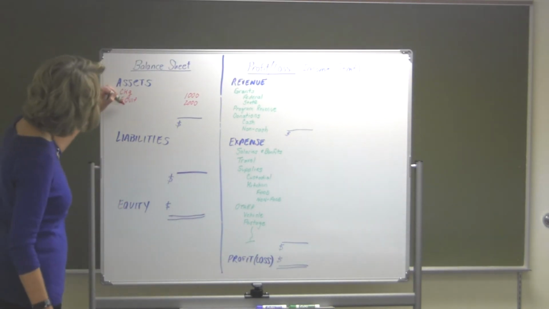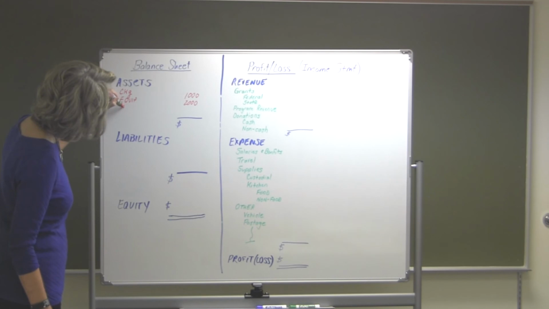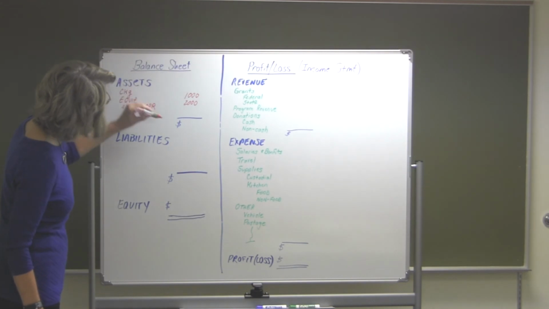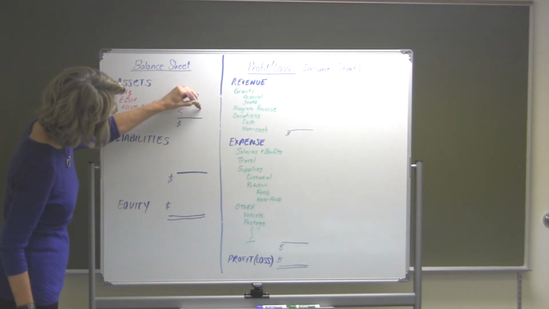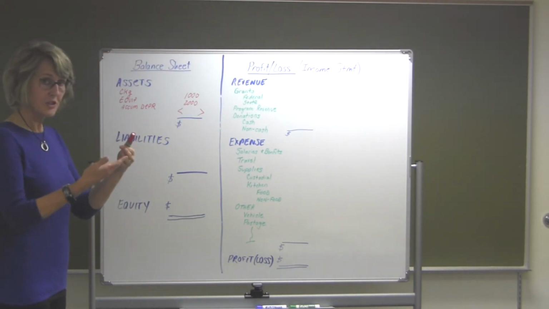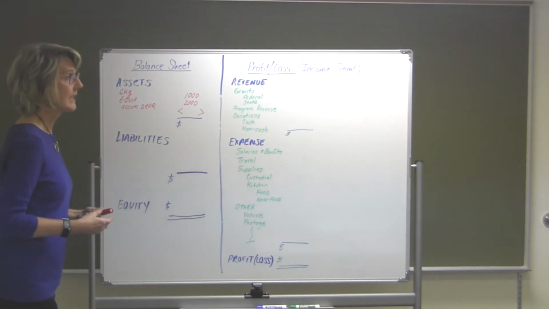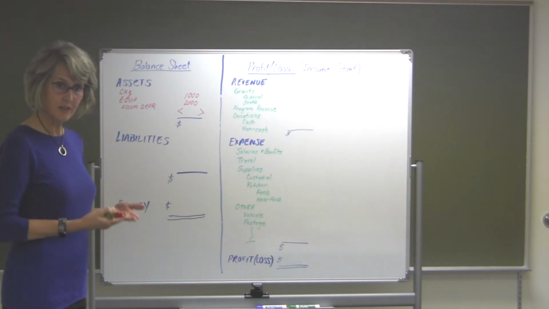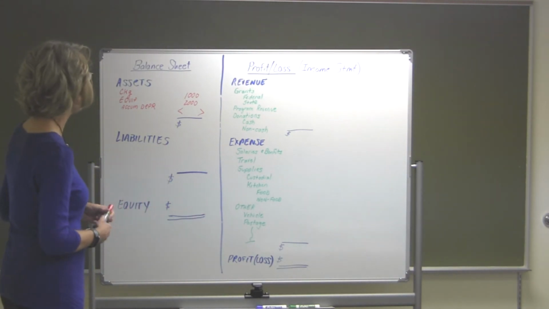We'll talk about what depreciation is in a while, but the total accumulated depreciation will be presented as a negative, because depreciation is an item that decreases value as equipment decreases in value.